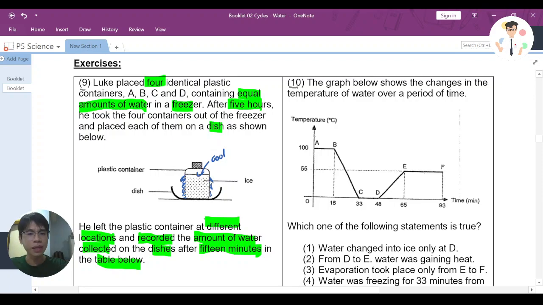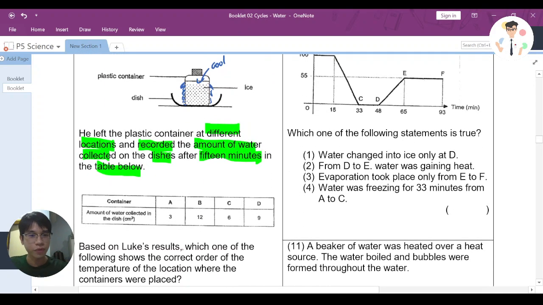But what happened is the amount of water collected in the dish, the volume in cm cubed, at A is only 3, B is 12, C is 6, D is 9. What causes such a difference?